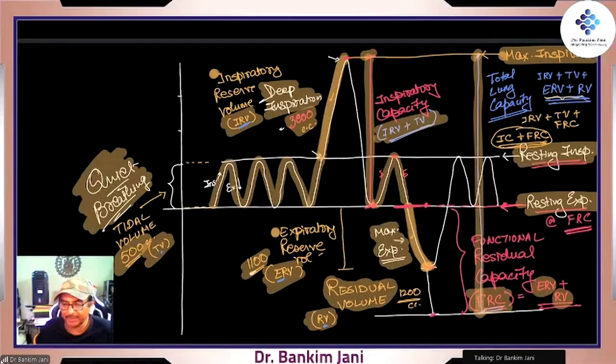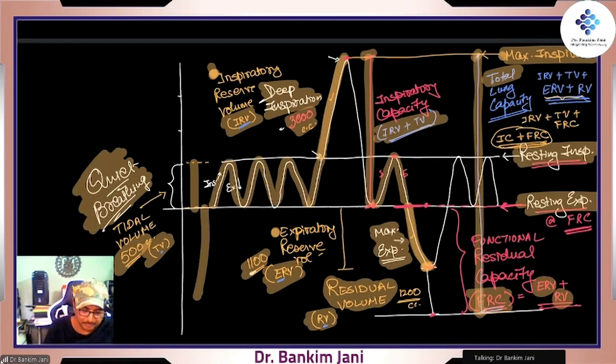Summation of everything. No wonder they'll be giving the name total lung capacity, right? So total lung capacity is inspiratory reserve volume, so this, right? Then the tidal volume, so this, and the expiratory reserve volume, this one, and the residual volume, this, right? So thus, that is the total lung capacity.